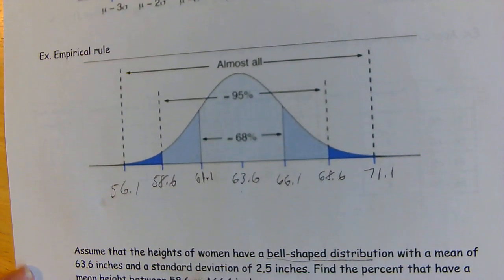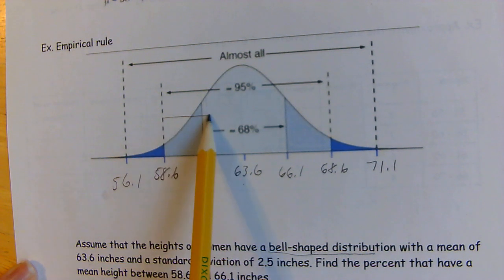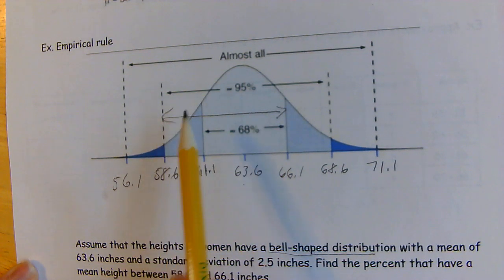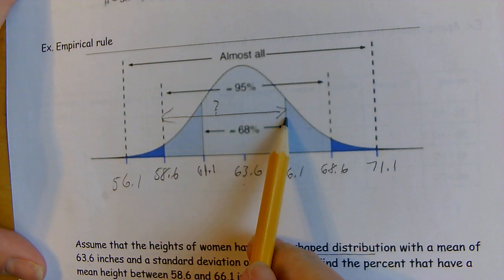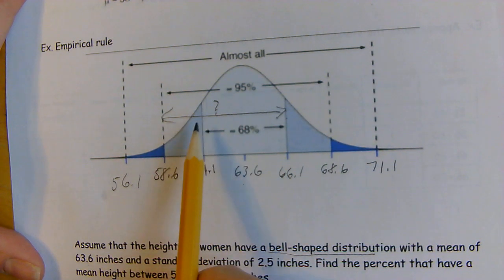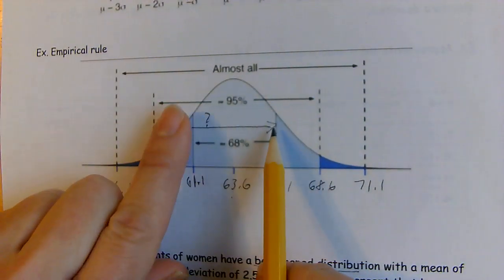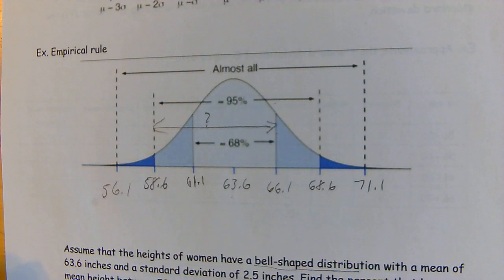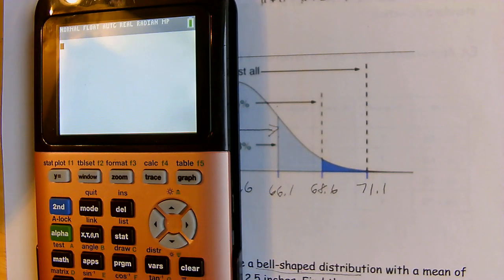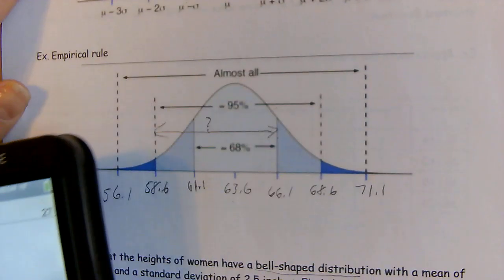So what percent of the data is between 58.6 and 66.1? So they want to know what percent is this. Well, you notice it's the 68 plus this right here. So if I take 95 and I subtract out this 68, so 95% minus the 68, I'm going to be left with 27%.